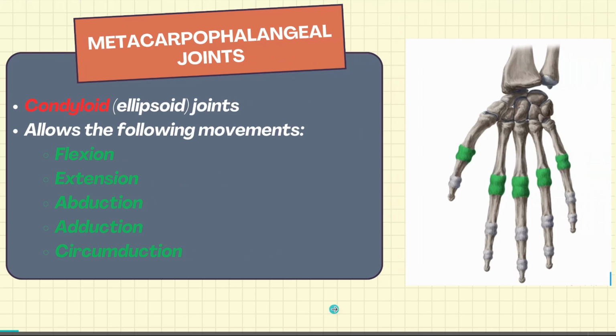Now, metacarpal phalangeal joints. Metacarpal phalangeal joints allow for flexion, extension, abduction, adduction, and circumduction because they're condyloid joints. Now, you might be asking yourself, what is circumduction? Circumduction is the movement that allows for all these four movements. So, if you read circumduction, know that there is flexion, extension, abduction, and adduction.